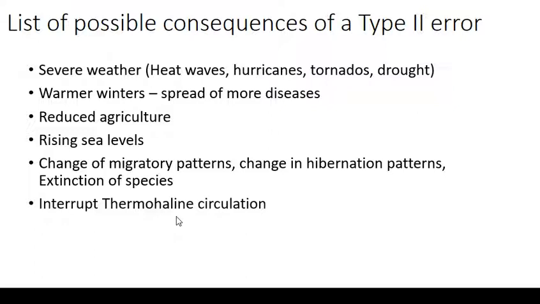And it changed the salinity content of the oceans, and the theory is that it put us into an ice age. The Earth's climate can be very, very sensitive, so who knows what would happen there. And then health threats. Air pollution is going to be worse. So a lot of problems, a lot of consequences of a type 2 error.